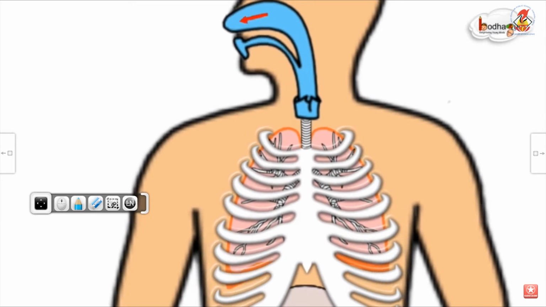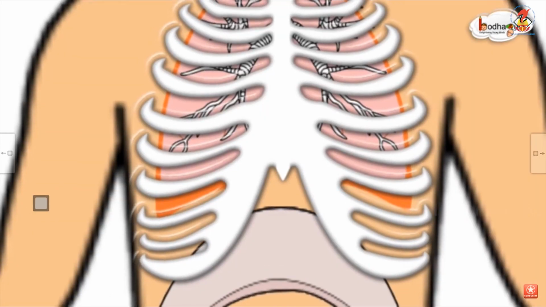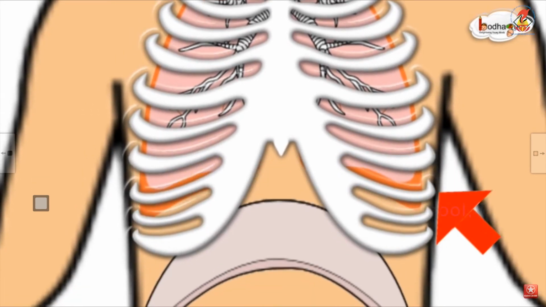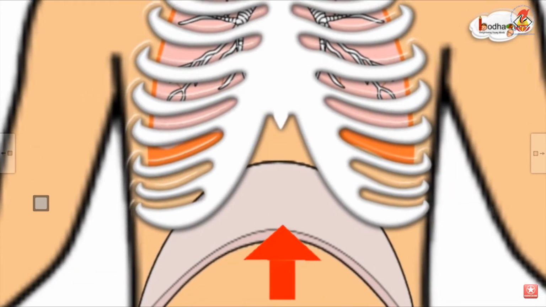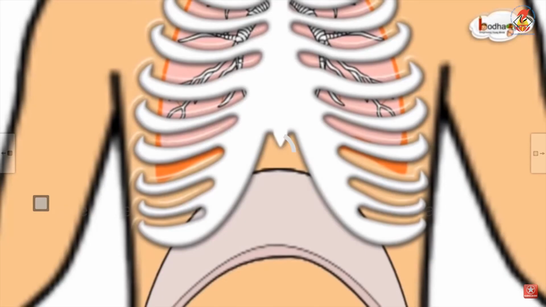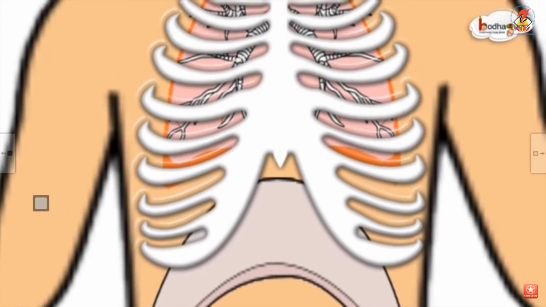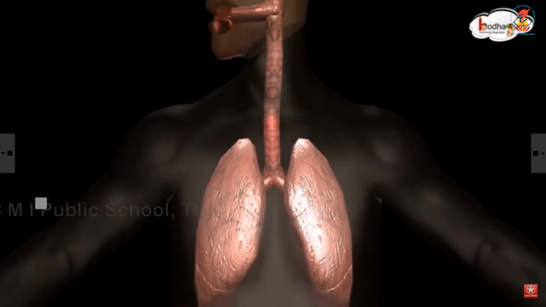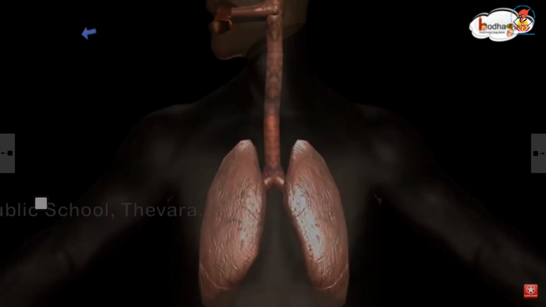What happens? The diaphragm returns to its original position, the ribs contract, the volume of the thoracic cavity decreases, and therefore the pulmonary pressure increases, pushing the air out of the system.